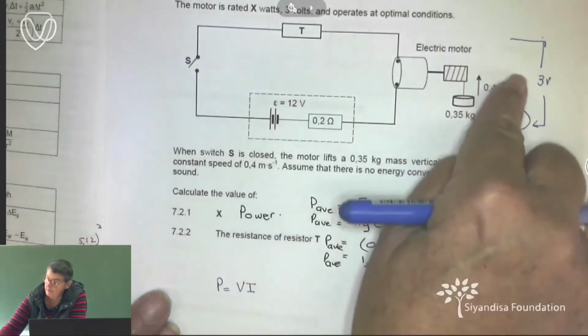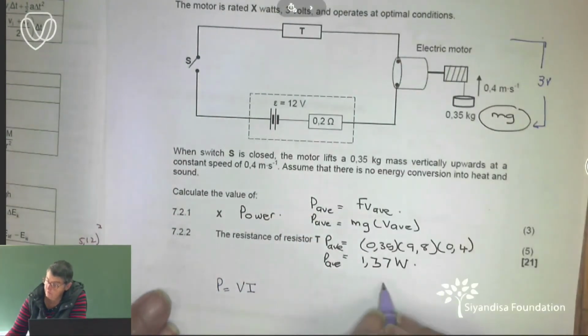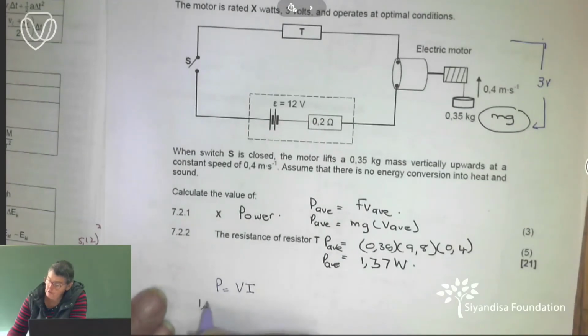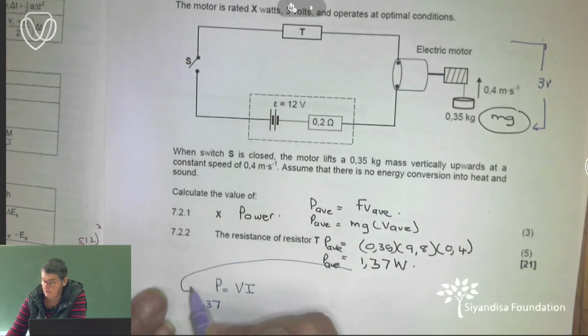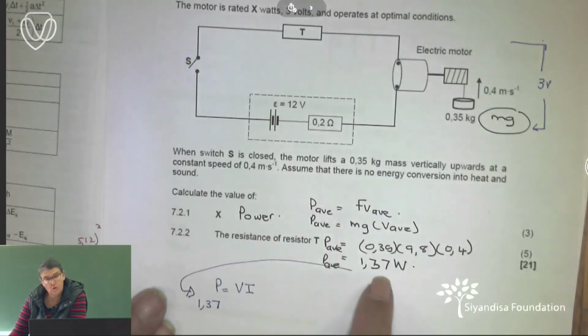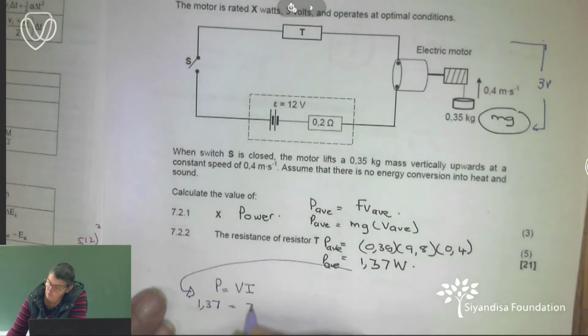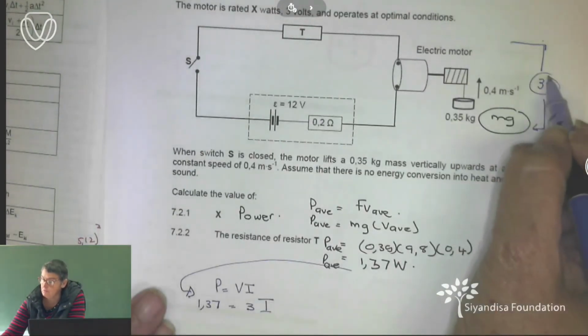We've just worked out that the power of your motor is 1.37. Can you see I substituted that in there? If I had the wrong answer in there, but I substituted it correctly, I will still get my mark. Which is equal to 3I, because remember, they told me that this was 3 volts.